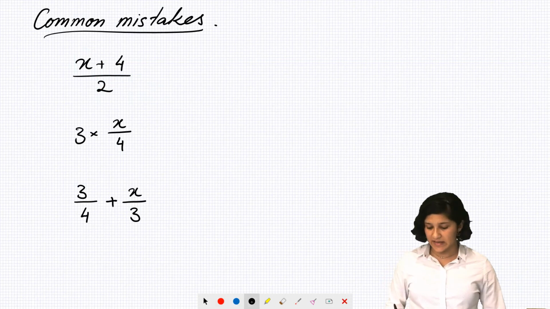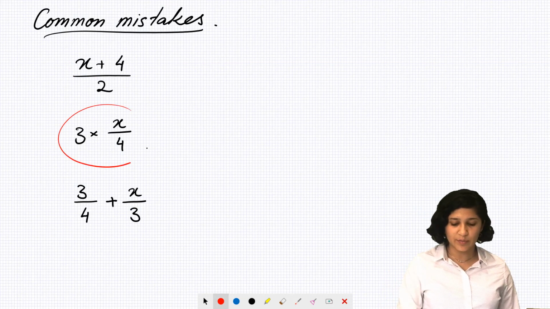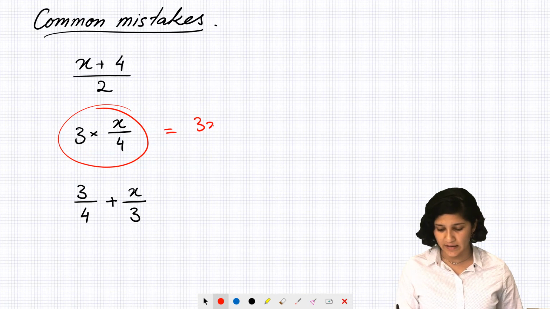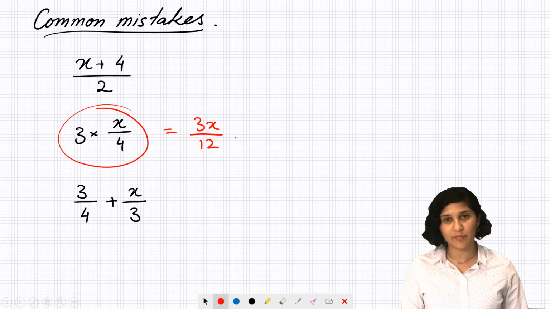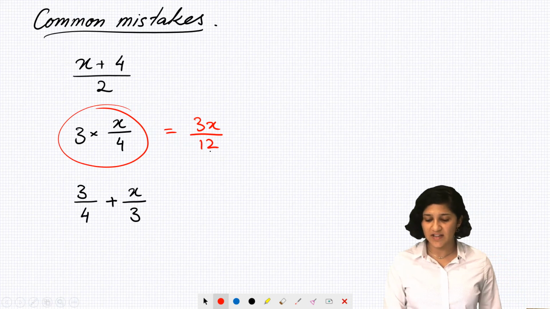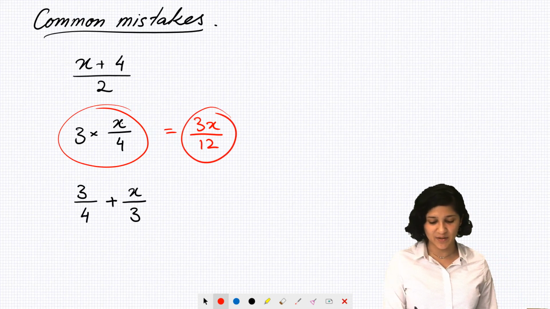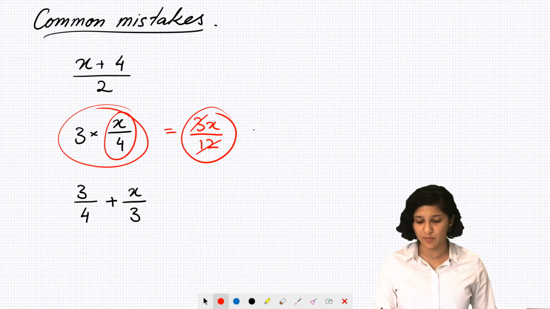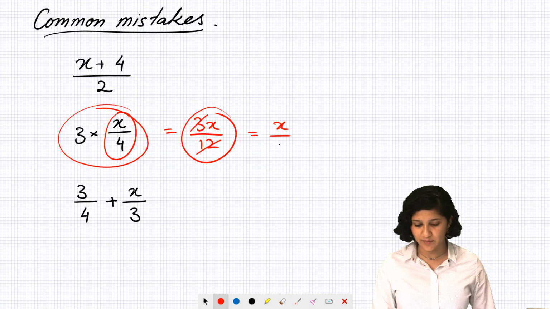Another common mistake that I see is when people see something like this, they'll just say, okay, I multiply the top by 3 and the bottom by 3. So 3x over 12. But if you notice, this hasn't actually changed the fraction, right? This is exactly equivalent to this because I can now cancel the 3 out of the top and bottom and give me x equals 4 again.